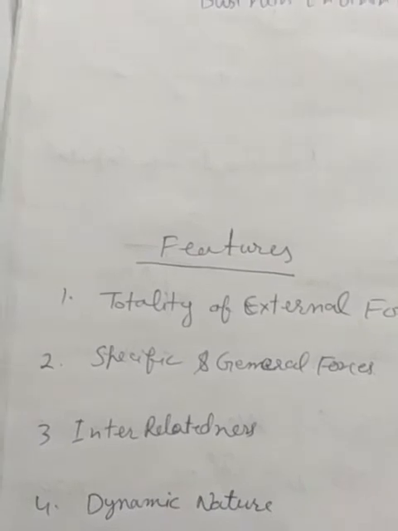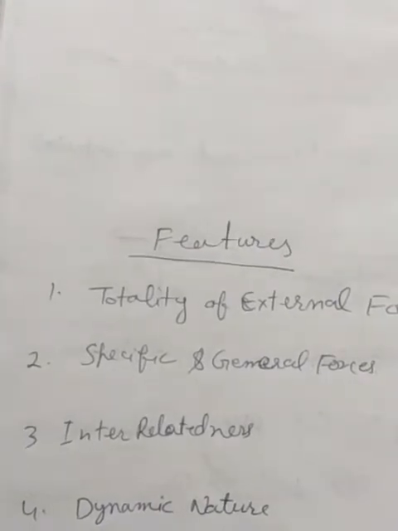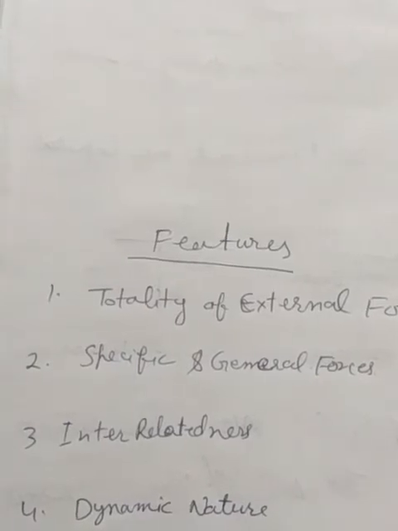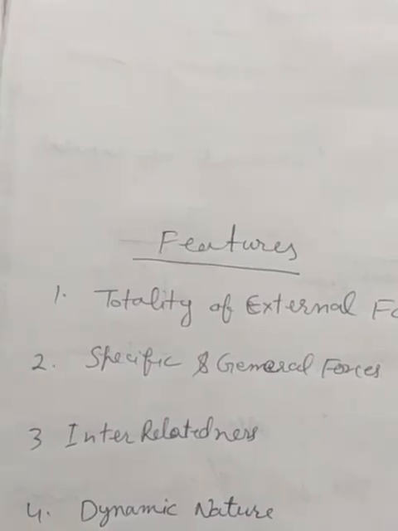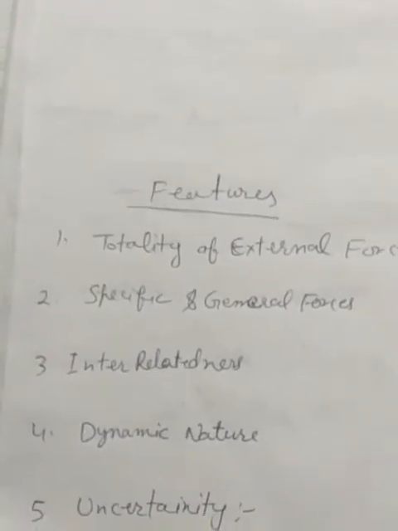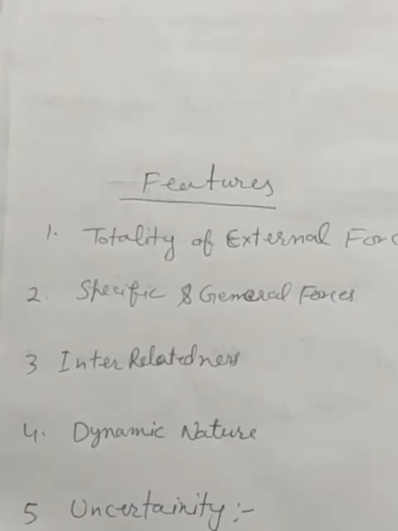Fourth is dynamic nature. Business environment is dynamic in nature as it keeps on changing in terms of technological improvement, shifts in consumer preferences, entry of new competitors in the market, etc. Next is uncertainty.